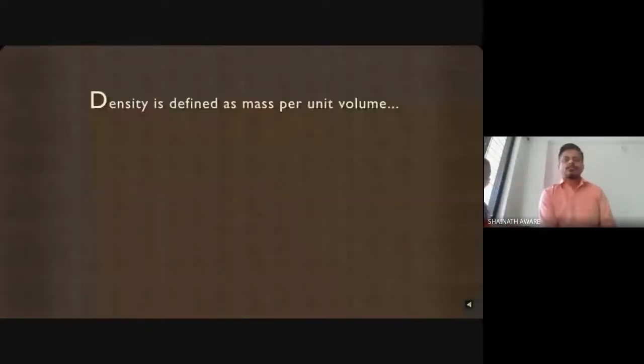Floats upwards in the air. Why do certain things float and others sink? Floating or sinking depends on the fluid in which it is placed. Density is defined as mass per unit volume. If the object's density is less than the density of the fluid it is put in, the object floats.